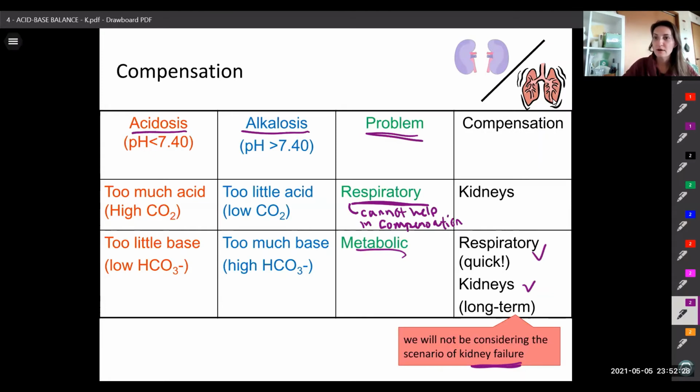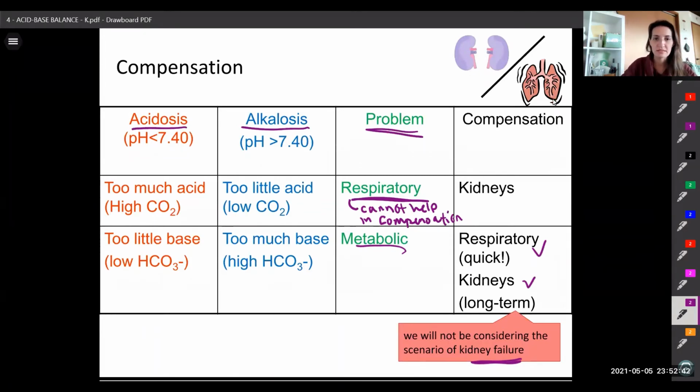On average, it takes about 5 to 7 days to begin to see effects of compensation for the renal system, and up to 2 weeks to see the full effects of renal compensation for acid-base imbalances.